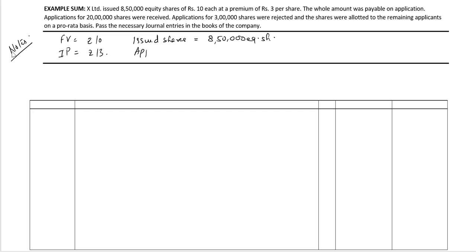Number of shares applied for, 20 lakh shares. So clearly it's a case of oversubscription. Let's go ahead with the solution. Please remember it's payable in lump sum, which means the entire rupees 13 is payable on application.